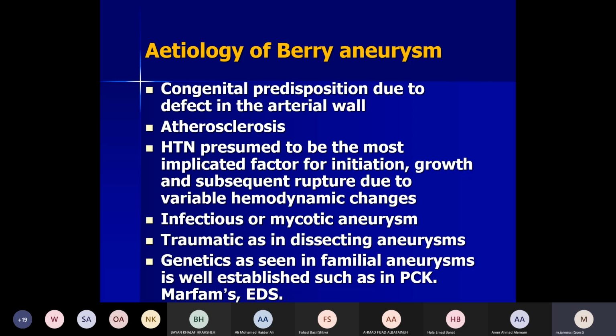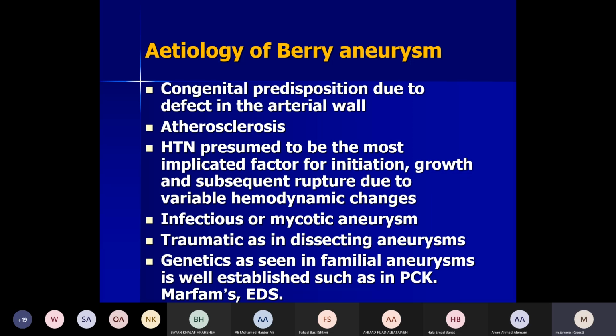As we mentioned, we have 3 layers: intima, media, adventitia. The early theory stated that the aneurysm developed because there is a weakness in the media, what we call media defect. However, most aneurysms lack this defect in the media, which makes the congenital theory very questionable.